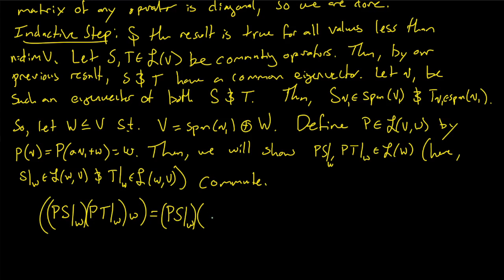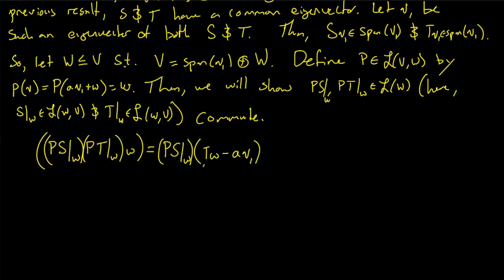Now, when I apply P, all I'm doing is taking out the part that lives in the span of V1, right? And I'm just getting the w back, yeah? So when I apply T here, all I'm going to do is send this w to something that lives in V, and so I'll get Tw minus some av1, since I pulled off that piece there that is not in W. So here I'll write that momentarily.